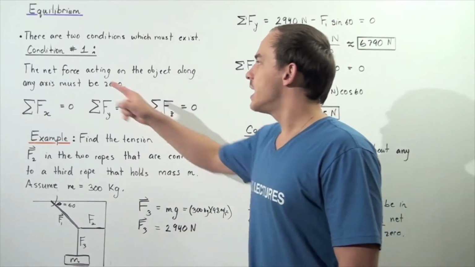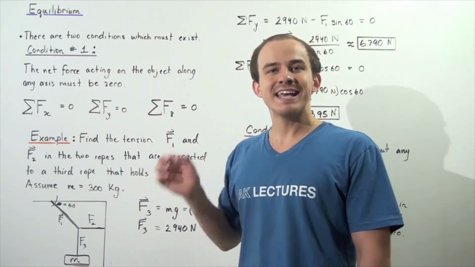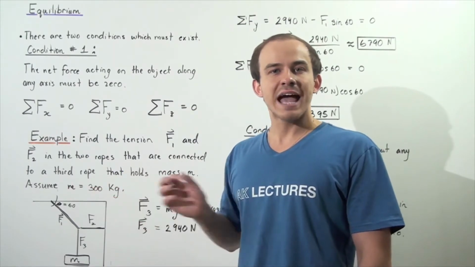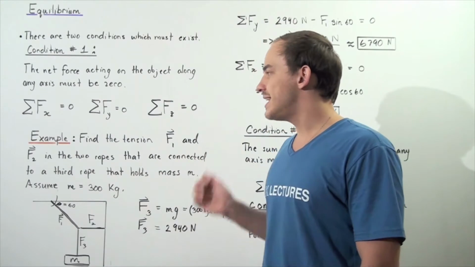Condition number one: the net force acting on the object along any axis, along the x-axis, y-axis, and z-axis, must be zero. The sum of all the forces acting on the object along any axis must be zero.